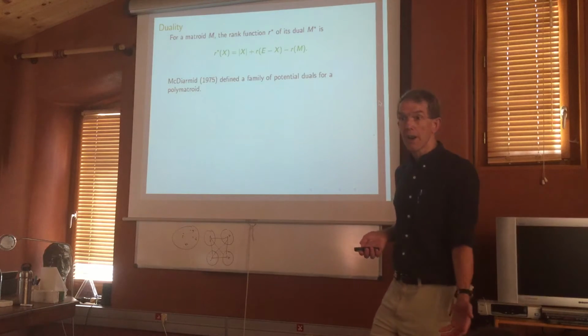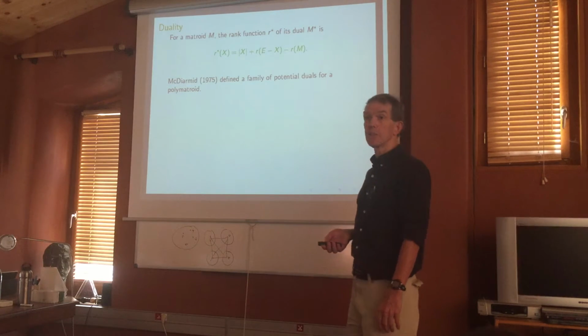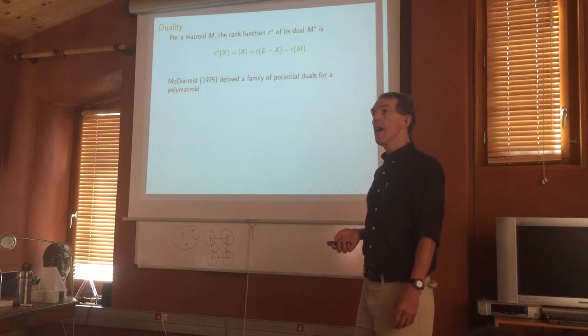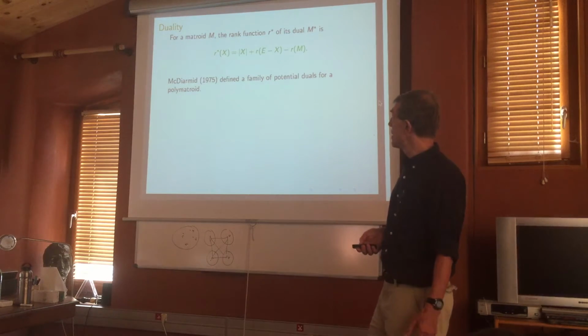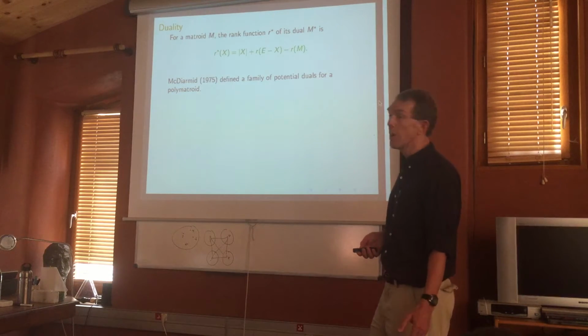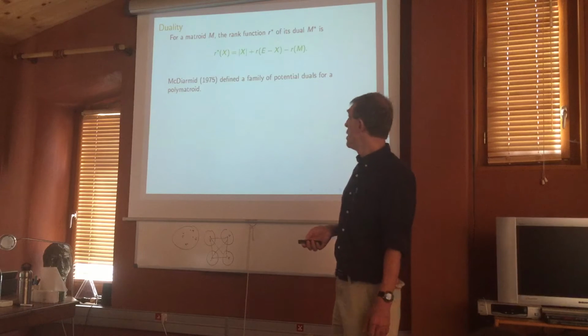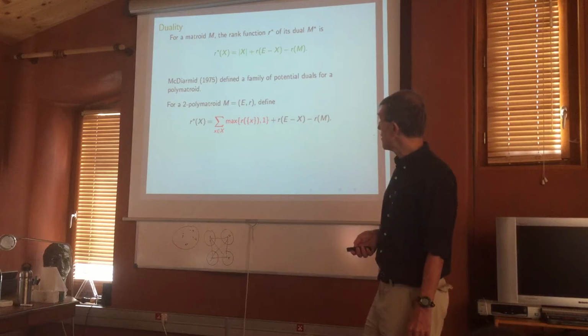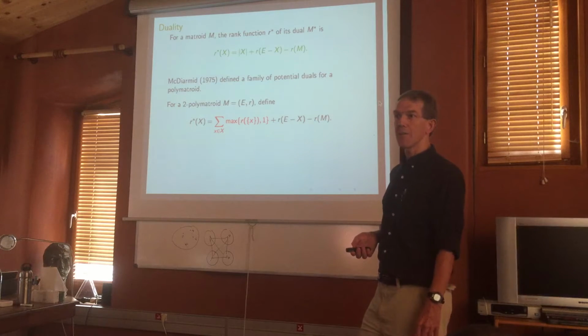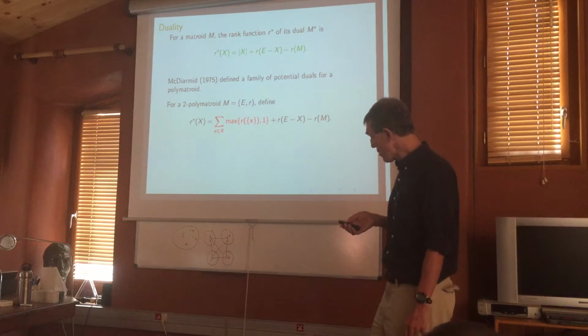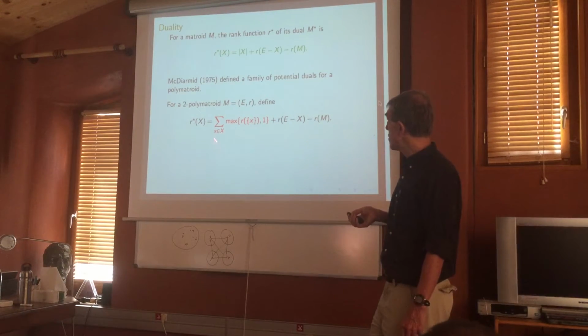McDiarmid defined a whole family of potential duals for 2-polymatroids. And we use one of them, and we couldn't even agree on which one we would use. Whoever wrote the paper had the choice of what the duality would be, and this is the one we came up with.